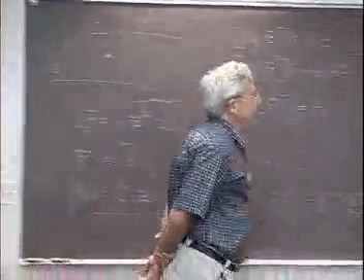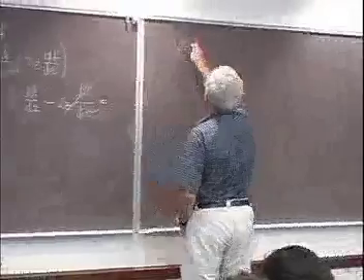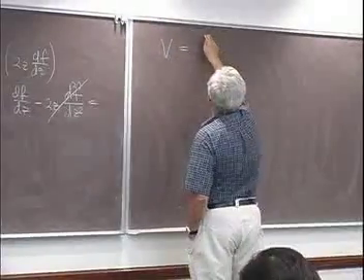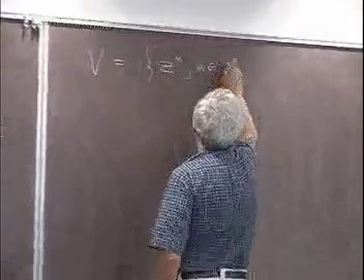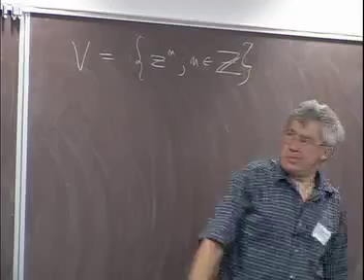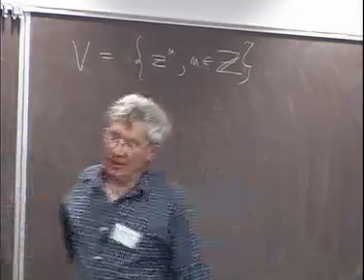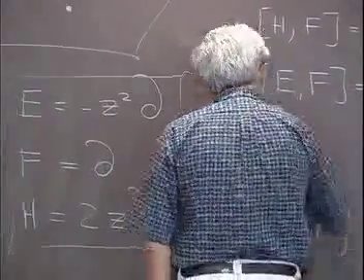So basically, I'm looking at the module V, which is the linear span of all z^n, where n goes over all integers. Is this a module for SL2? For this guy here.